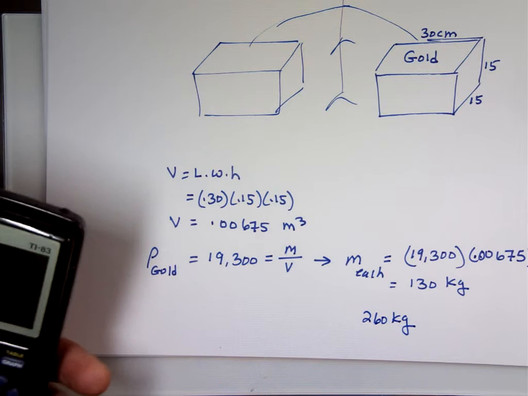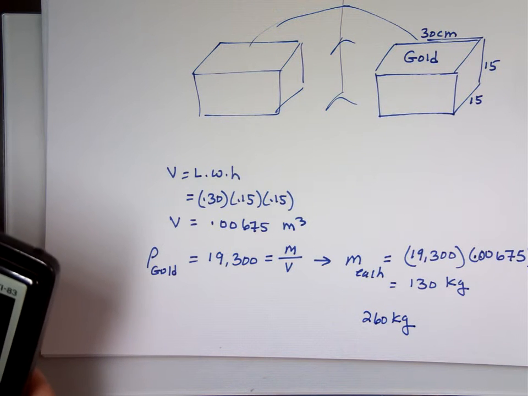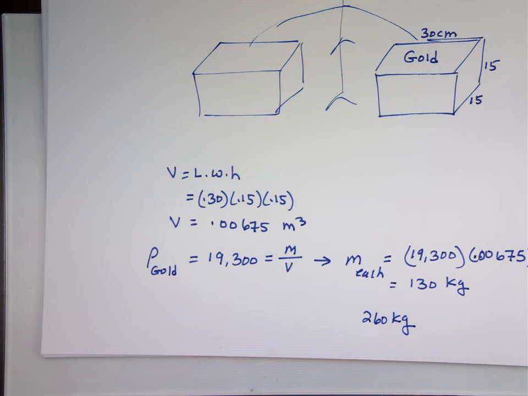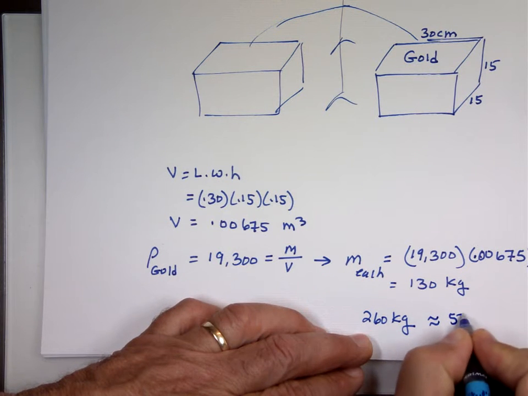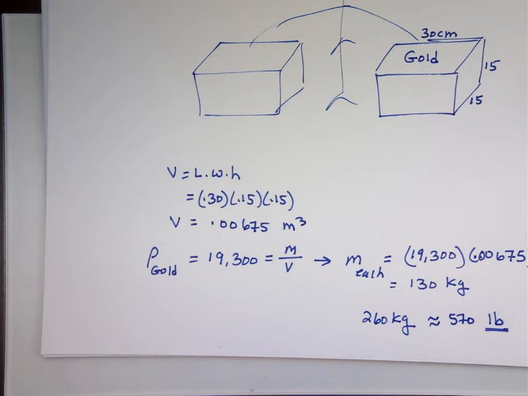How many pounds is that? Over 500. Approximately 570 pounds. So you've got to be really strong to carry that weight and come out of it running out of that bank with the 2 bags in your hand.